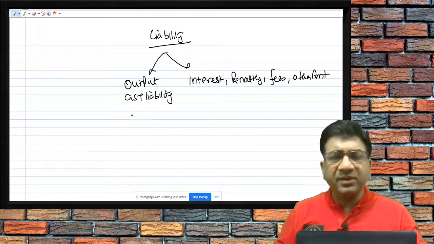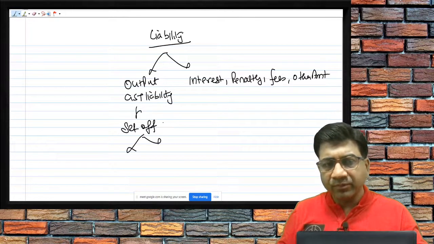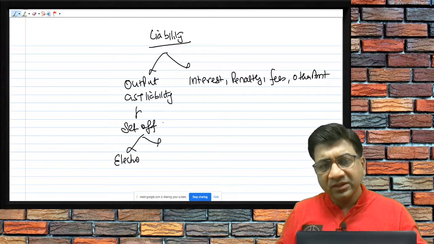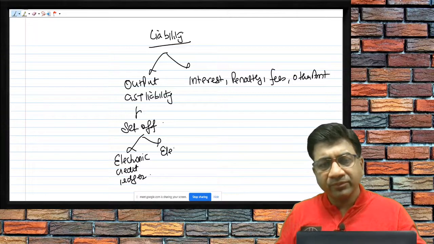This liability can be set off either from the electronic credit ledger, or it can be set off from the electronic cash ledger.